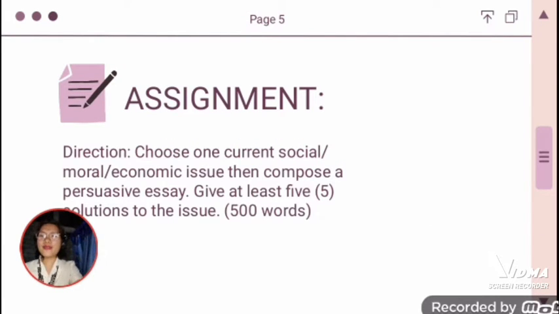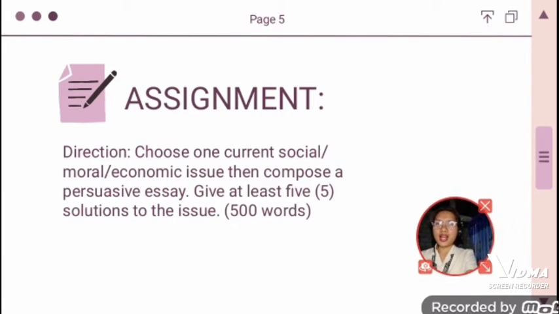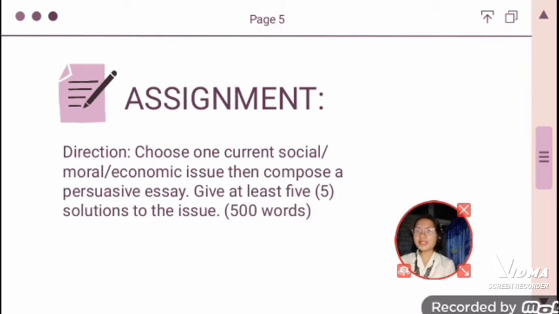So let's now have your assignment. For your assignment, all you're gonna do is to choose one current social or moral or economic issue. So meaning to say you're just going to choose one issue under any of the three types of issues. So you can choose a social issue or a moral issue, or you can also choose an economic issue.